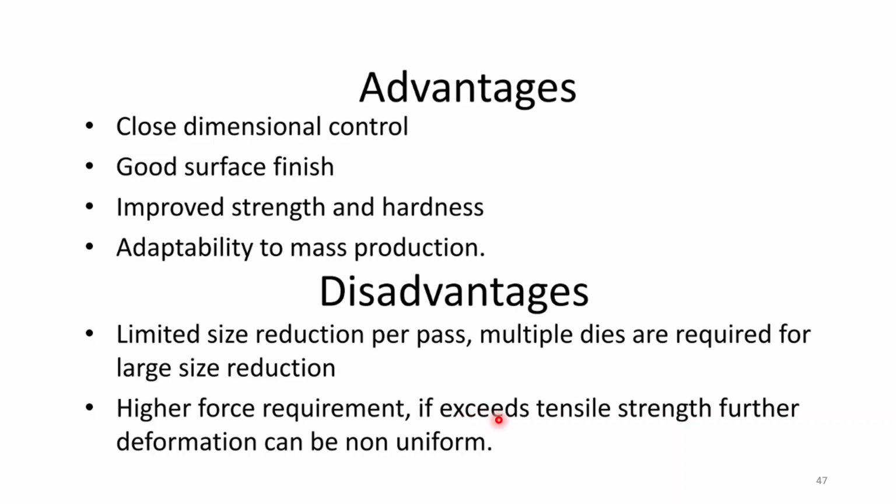As you know, after your material reaches tensile strength, it shows necking. Necking means there will be neck formation, which is a non-uniform type of deformation. So that might occur if you exceed tensile strength.